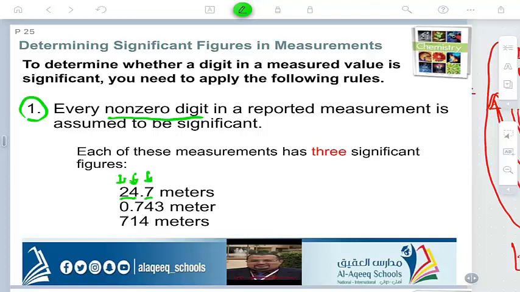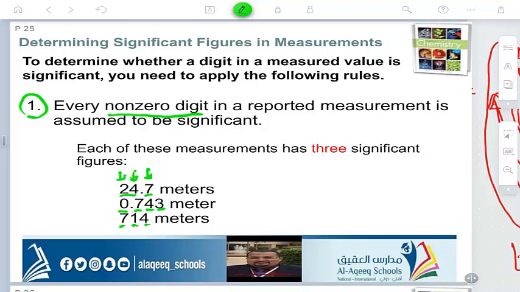What about here? We have 3 as well: 1, 2, 3. What about this 0? It's a 0 on the left-hand side. We cannot count it as a digit. Look, 1, 2, 3 here as well, so it's 3 significant figures as well.